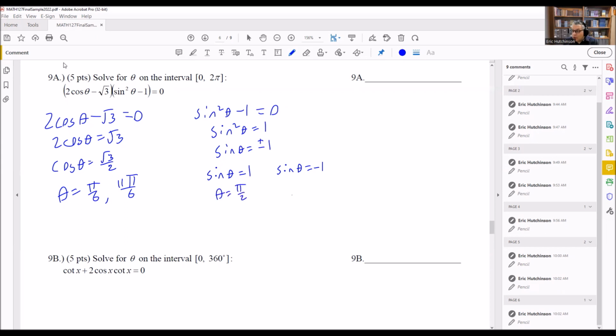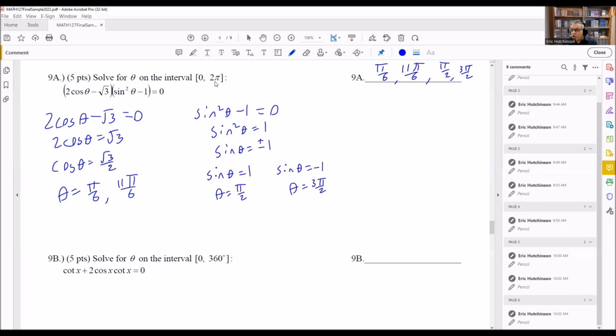The other one is going to occur at 3 pi over 2. That's where the y value is equal to negative 1. Okay, so these would be your 4 answers. You don't have to put them in any particular order, but it's going to be pi over 6, 11 pi over 6, pi over 2, and 3 pi over 2.